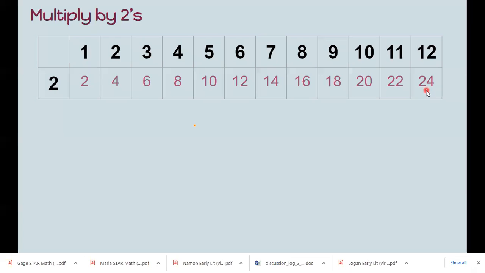So each time we said a number, it was 2 more than the number before, okay? Let's skip count by twos again. You ready? Say the numbers with me. Off we go. 2, 4, 6, 8, 10, 12, 14, 16, 18, 20, 22, 24.